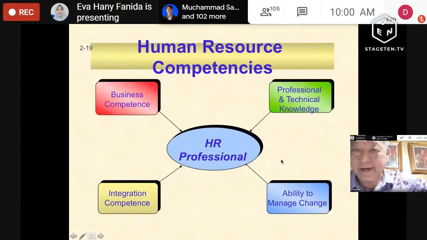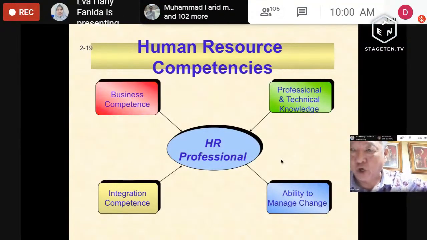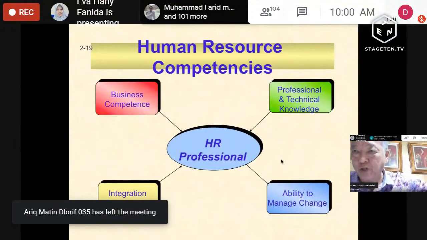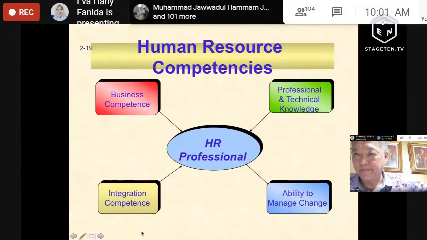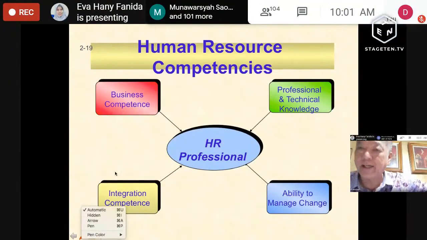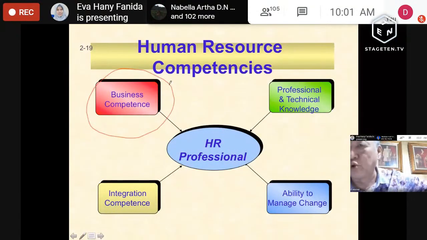Okay, so this is the last page. If you want to be an HR professional, or an expert in human resources, you need 4 competencies. You need to know the business operation and business strategy. You need to know how to do business.